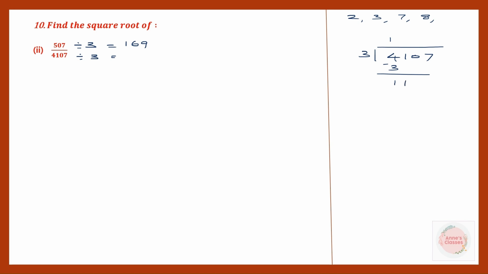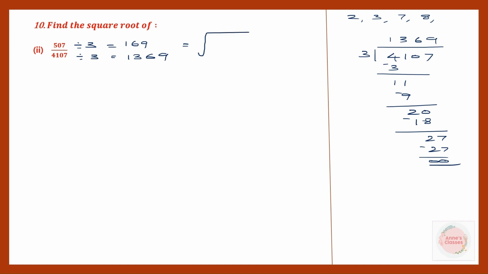You bring down 1. 3 threes are 9, 11 minus 9 is 2, 20. 3 sixes are 18, 2, 7. 3 nines are 27, minus, and 0. That means 4107 divided by 3 is 1369. Now we can find the square root of these two numbers, 169 by 1369.